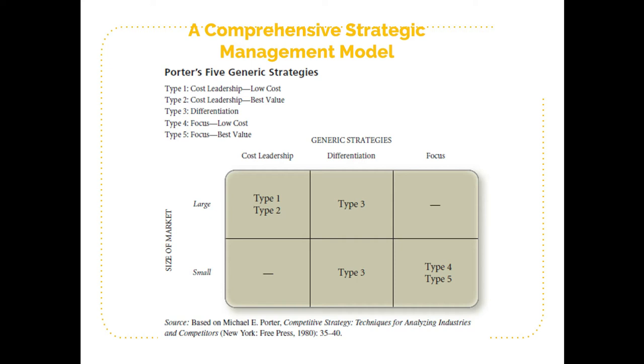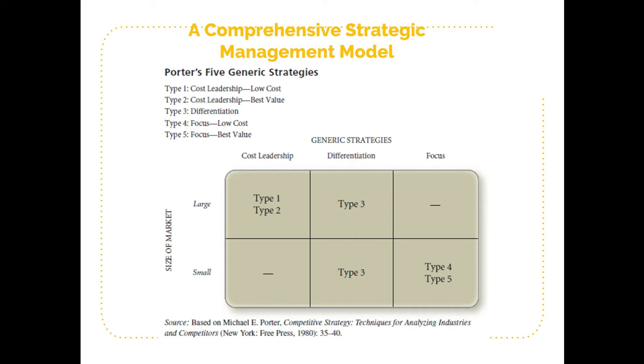Okay, for Porter's type 3, the generic strategy is differentiation, a strategy aimed at producing products and services considered unique industry-wide, and directed at consumers who are relatively price insensitive, meaning to say they are not so focused on the price. They do not mind if the price is expensive, as long as the product that they buy is unique.